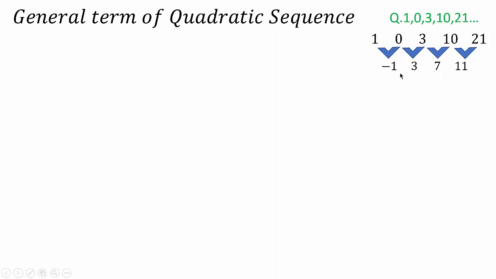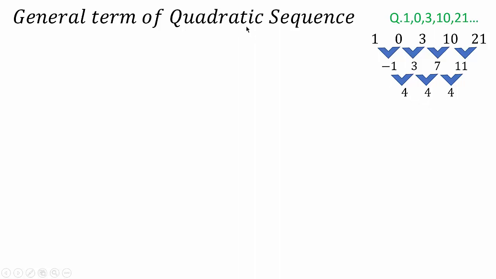Now let's again find the difference of these consecutive terms. So the result will be 3 minus (-1) is 4, 7 minus 3 is 4, and 11 minus 7 is 4. Since we got the same second difference, that is 4, it is called a quadratic sequence. The term quadratic simply means 2.